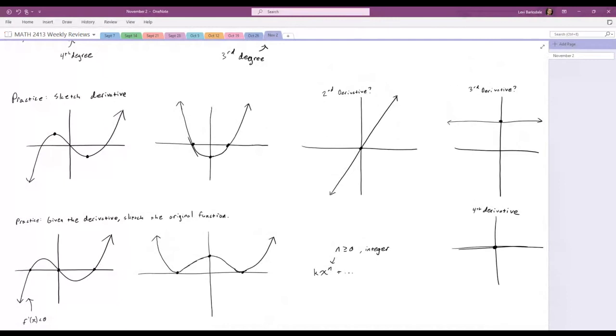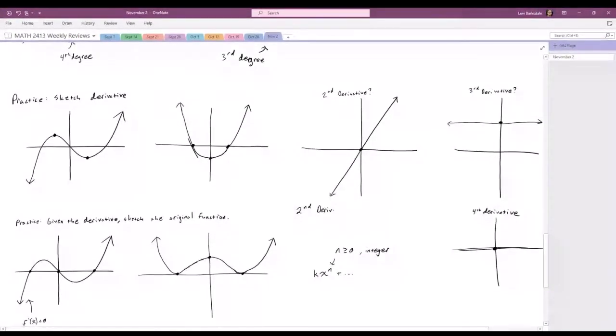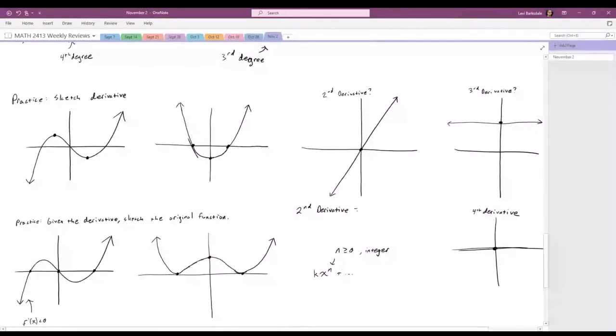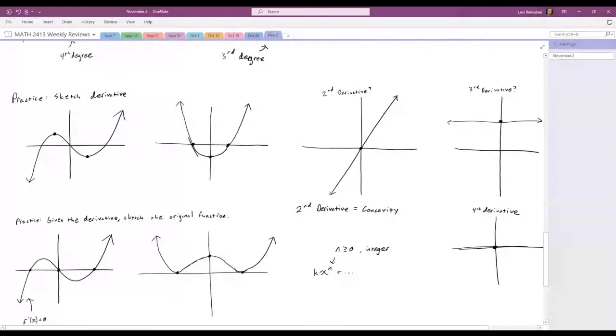So the second derivative describes concavity, and you guys have probably talked about that in the course. So your first derivative is slope, your second derivative is concavity, and concavity is basically, does my function open upwards or does it open downwards? I like to think of it as, is it shaped like a bowl or is it shaped more like a hill?